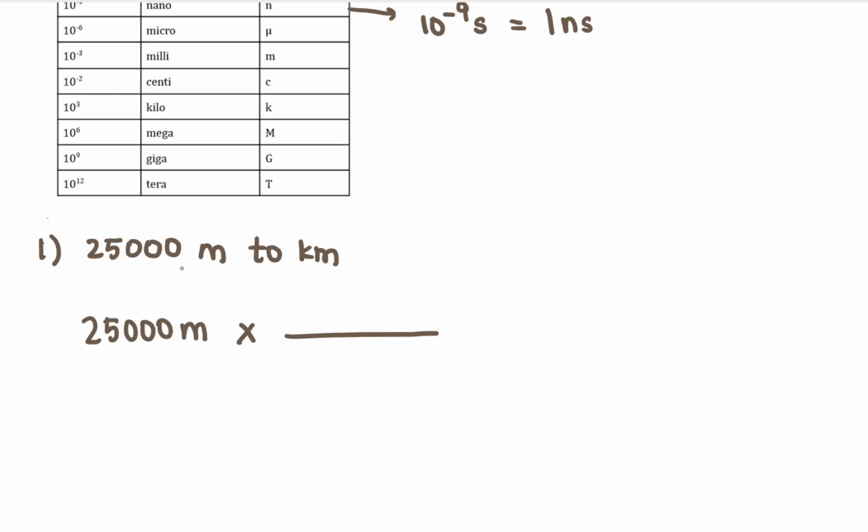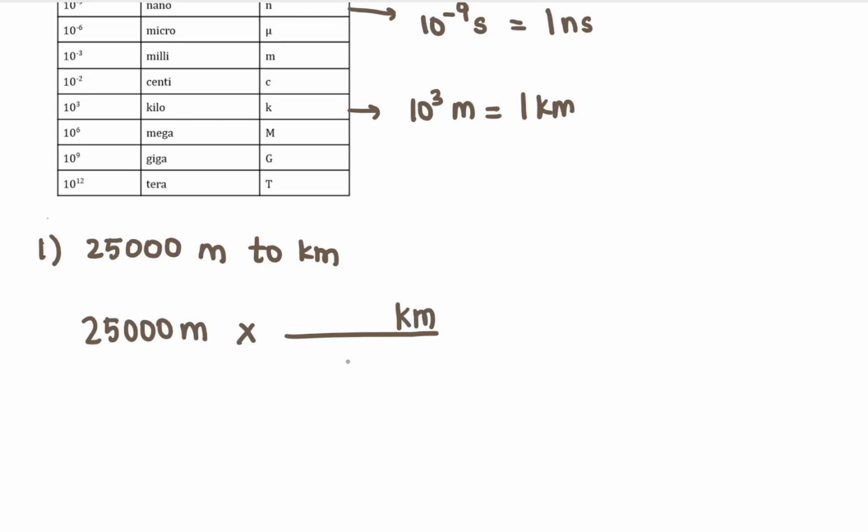Since we are converting meters to kilometers, from the table we can find that 10 to the power of 3 meters equals 1 kilometer. Once again, the power goes with the base unit, which in this case is meters. And back to the ratio. In the numerator goes the unit that we want. We want kilometers.